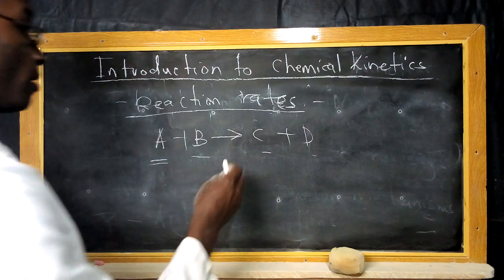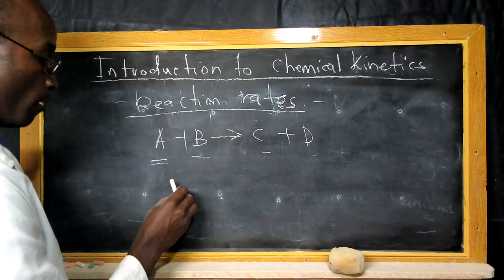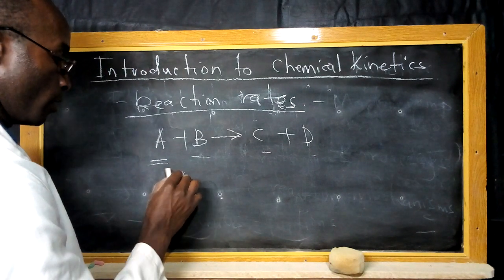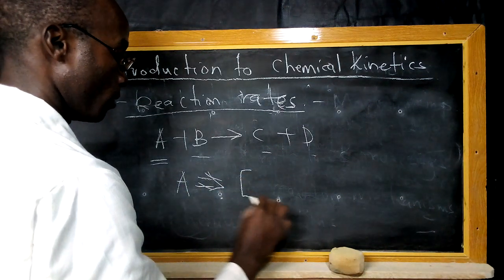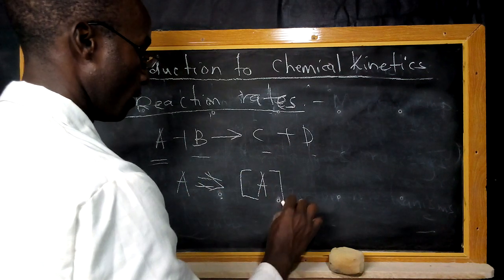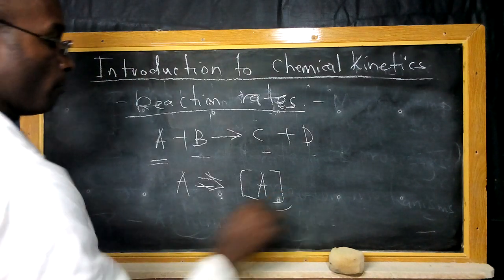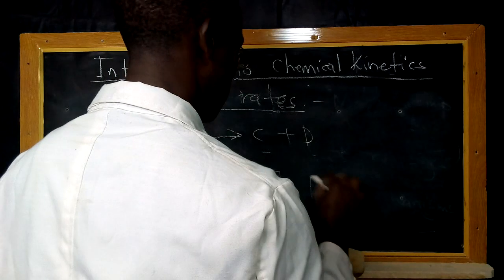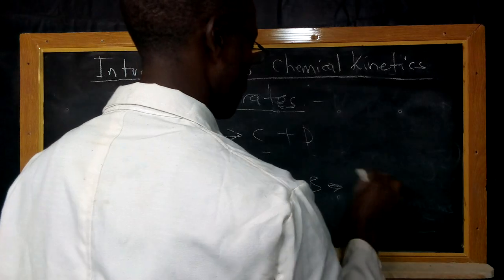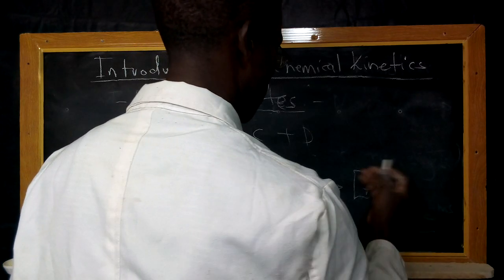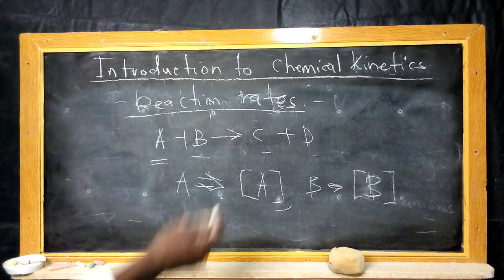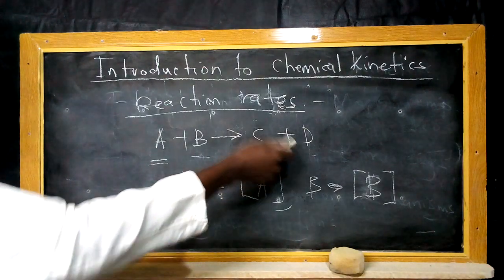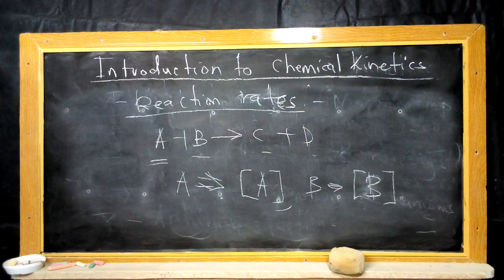If we are referring to the concentration of A, then we're going to give it as the square brackets of A. If we are referring to the concentration of B, then it's going to be given as the square brackets of B. The same goes for the products, that is the concentrations of C and D respectively, which are going to be given in that order.